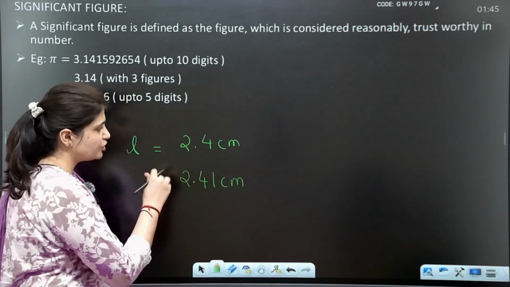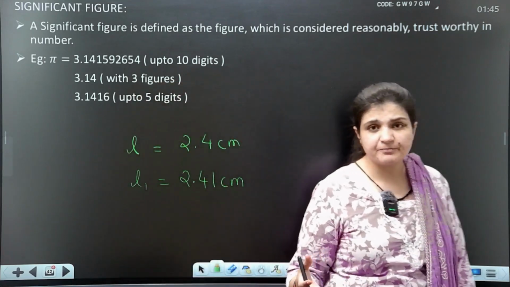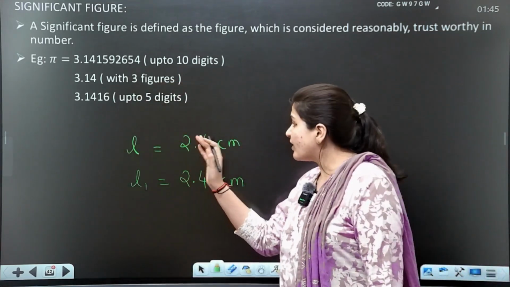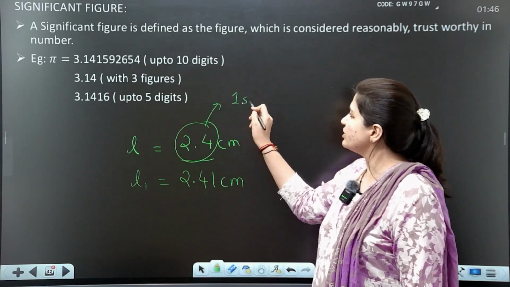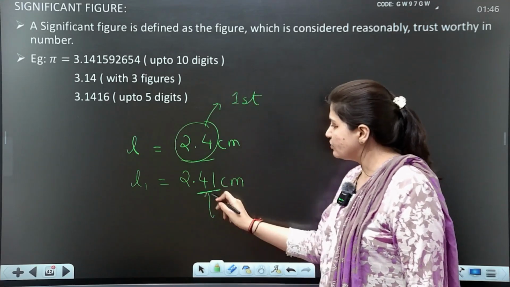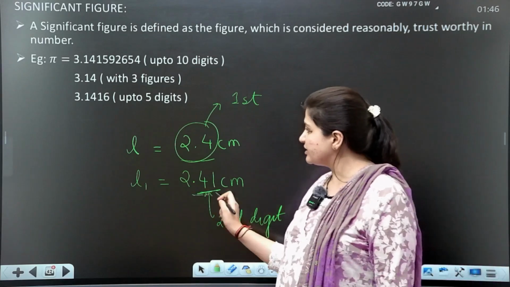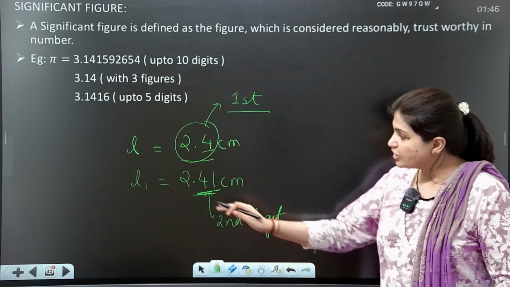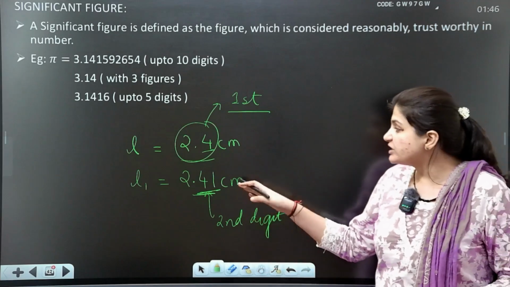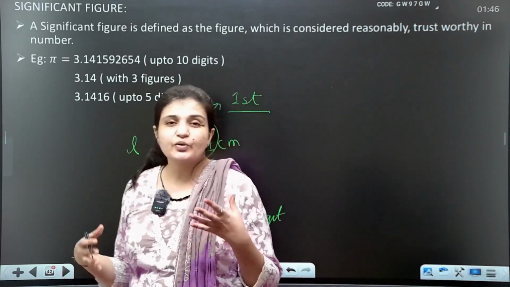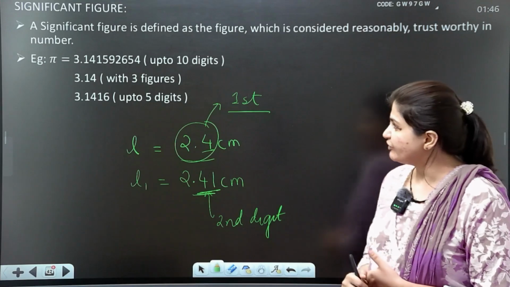Here one value is given to the first decimal digit, and the other is given to the second digit. After 2.4, there is 1, so here it is described more precisely. So this is the significant figures.